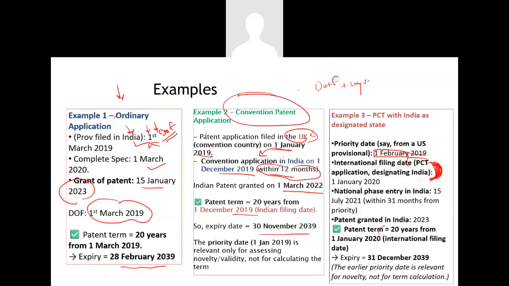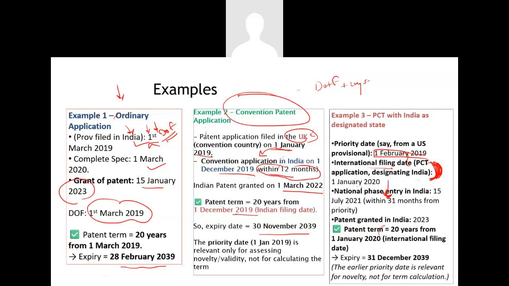This is the date, international filing date, when India was designated. It may enter India anytime within 31 months from the date of priority, but international filing date is the date when India was first designated.